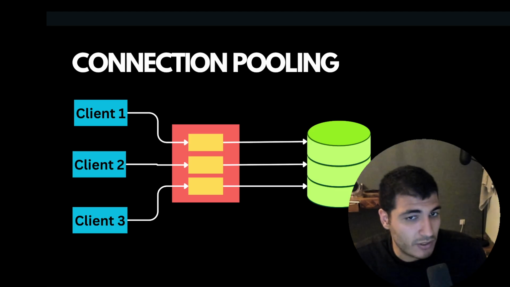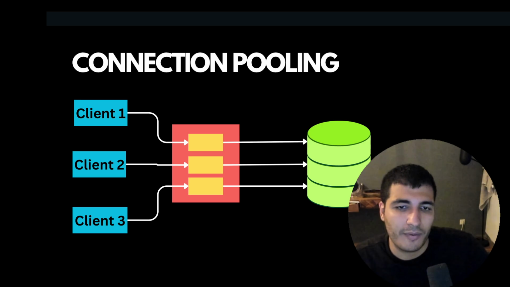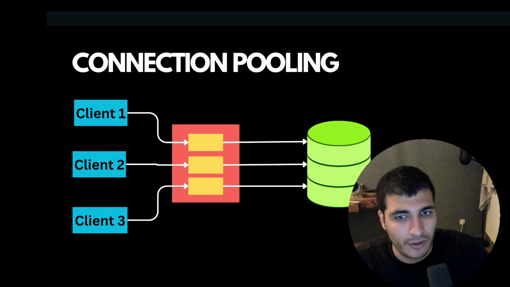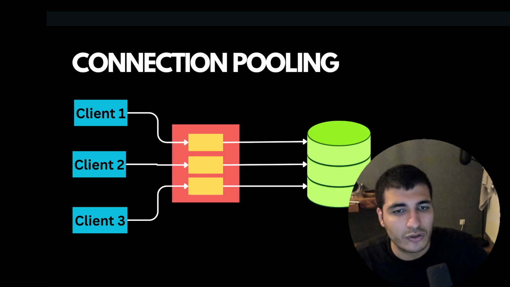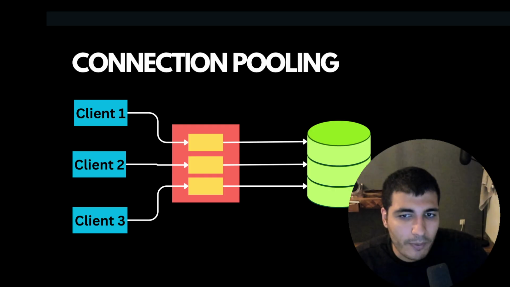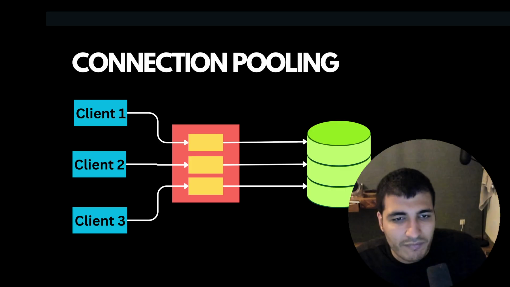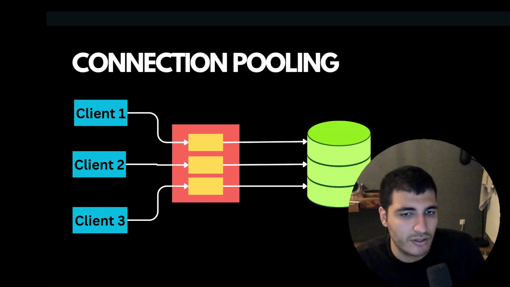When should you consider this? Connection pooling is essential when your application handles a high volume of concurrent requests that require database interaction. If your database server is struggling to handle a large number of simultaneous open connections, pooling can significantly reduce this strain.